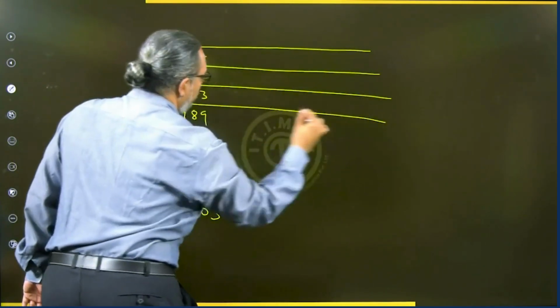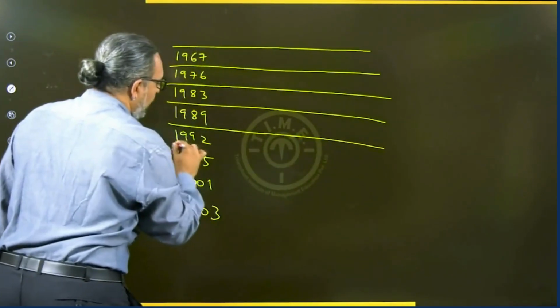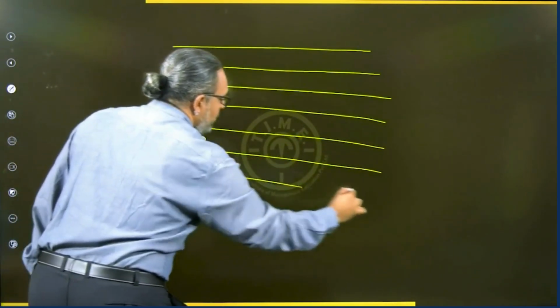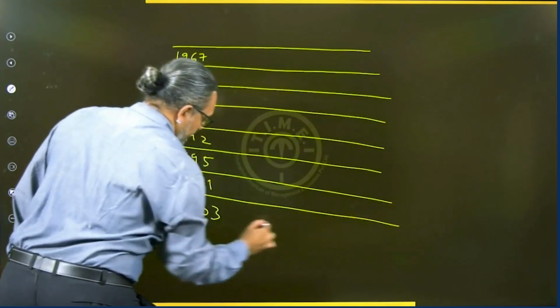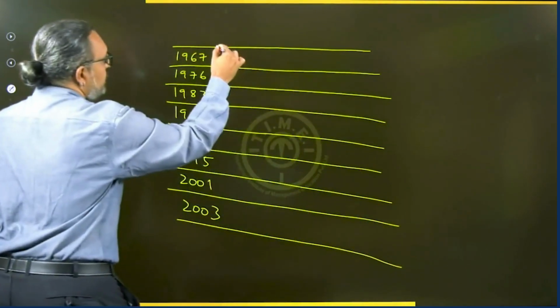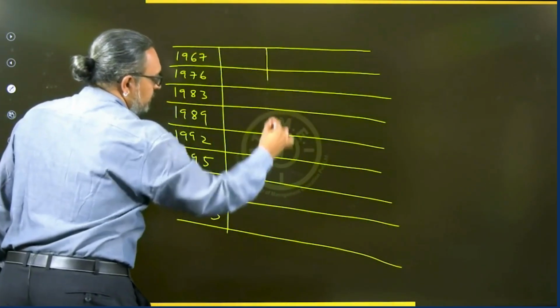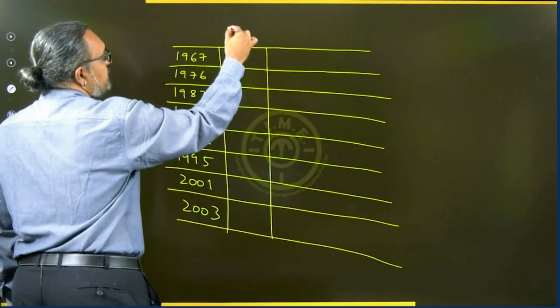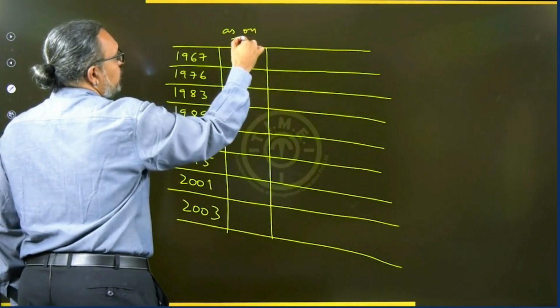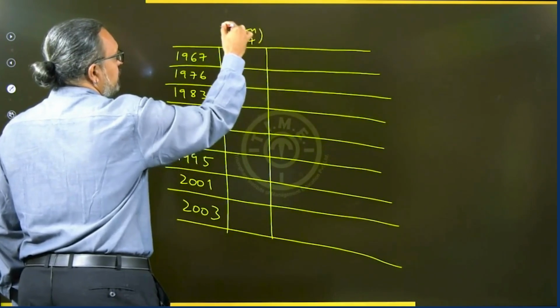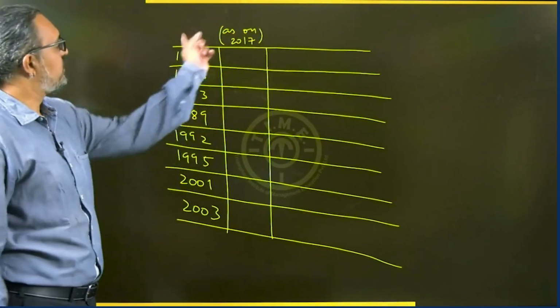Now based on them, we can fix the ages calculated as on the year 2017. So we get the ages as on 2017. Correct? So we'll start calculating.